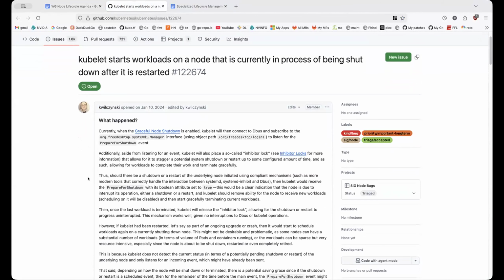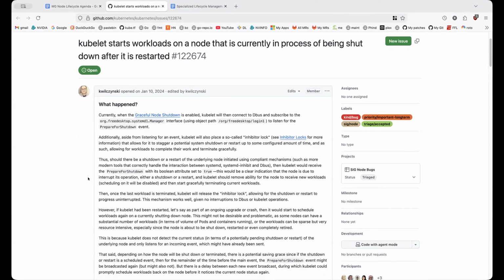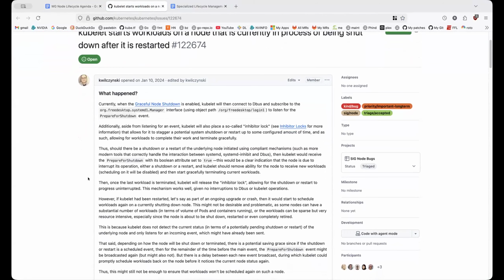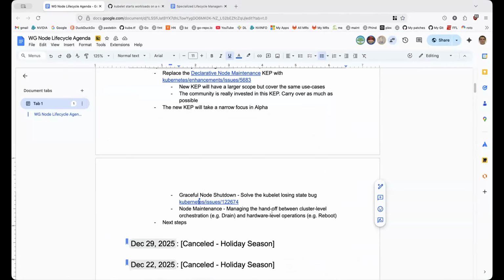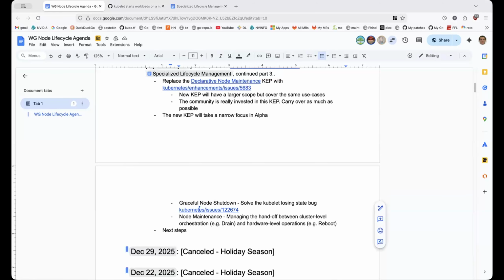It's been shut down or restarted and it doesn't know it's supposed to be doing graceful node shutdown, and it has no way of figuring that out right now. So this would be a perfect candidate to target as a solution, as something we want to solve. And then the second one is essentially what we're covering in declarative node maintenance.